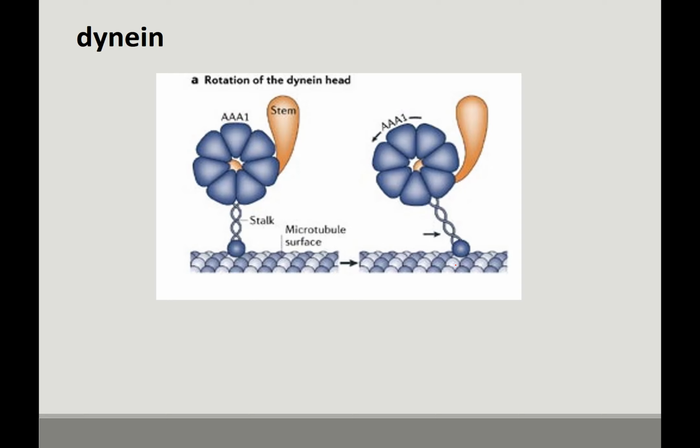Here's a picture that looks more like the classical diagram in your book with this hexagonal shape. This stem is actually the dynactin, and it kind of comes here, that interacts. Let me back up a second.